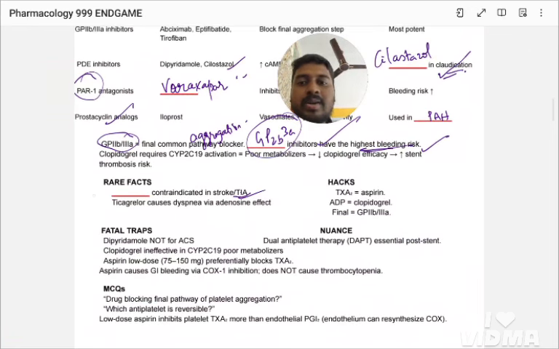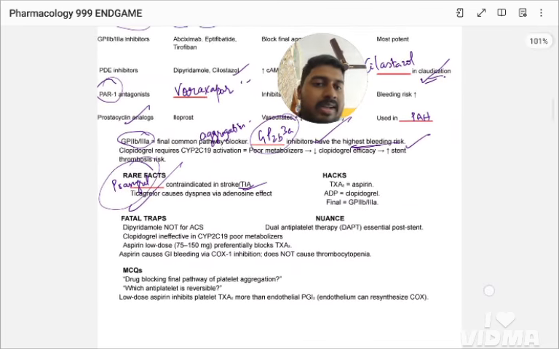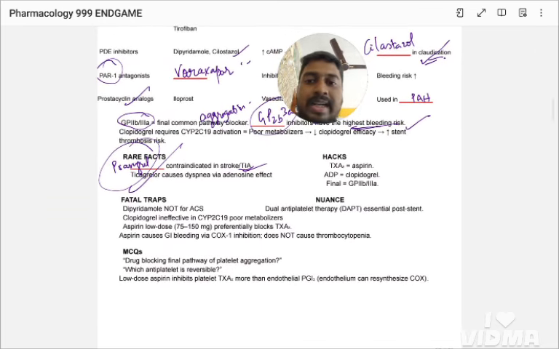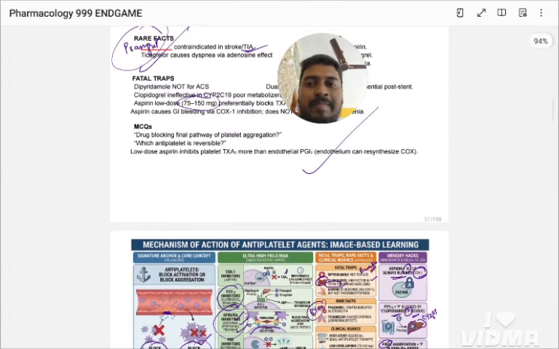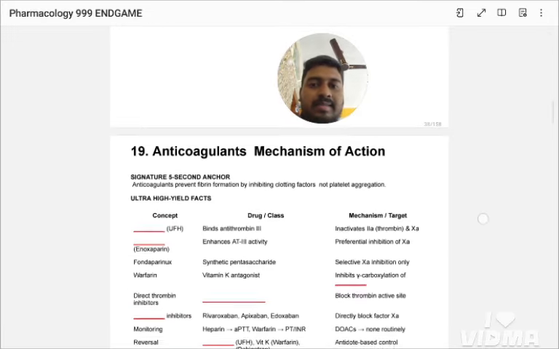Dash is contraindicated in stroke and TIA. Remember which I told? Prasugrel. Prasugrel is contraindicated because it has strong antiplatelet action, so it can cause intracranial hemorrhage. So the rest of the things are the same. Aspirin low dose 75 to 150 mg preferentially blocks thromboxane A2. Higher dose is used for anti-inflammatory action.